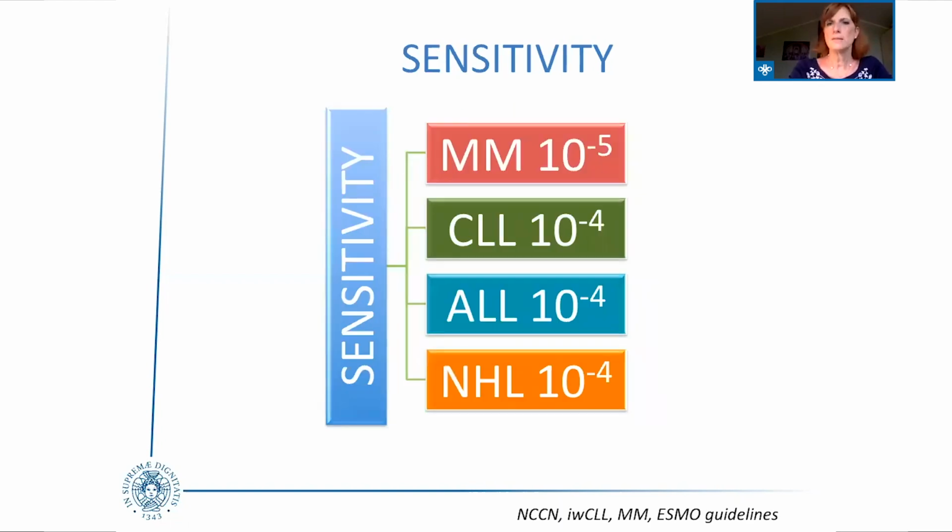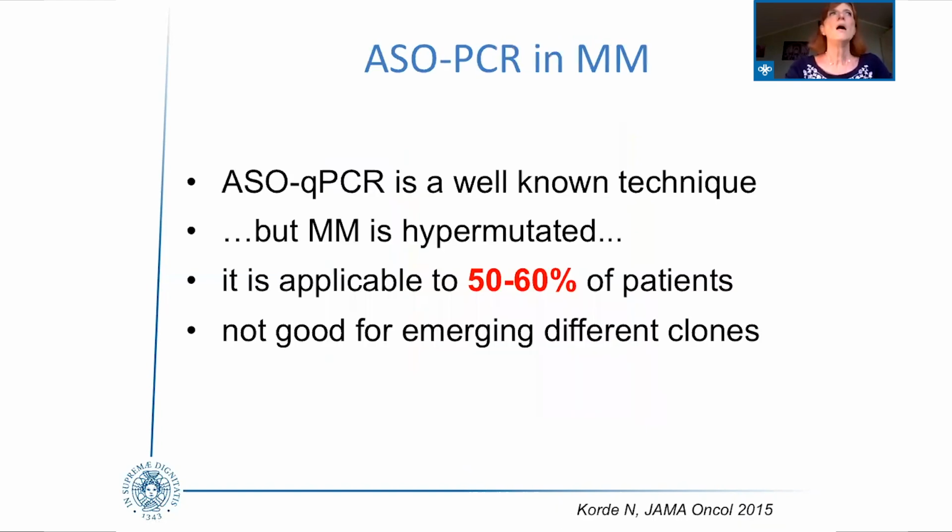Also sensitivity is reachable by flow cytometry and by molecular biology. We have to reach 10 to minus 4 in almost all diseases, except for multiple myeloma, when we have to reach 10 to minus 5. I think that the superiority of NGS is especially in the applicability rate.